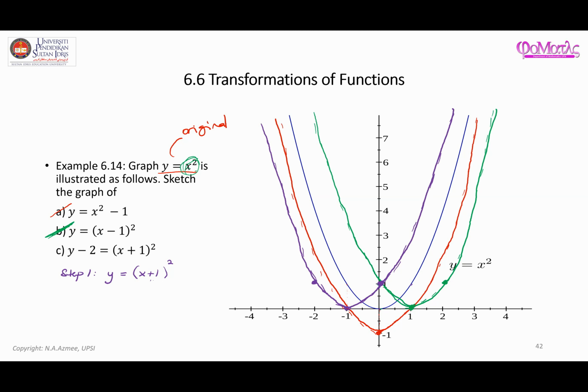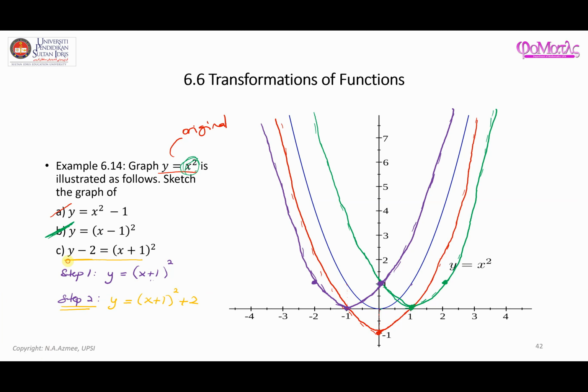But that's not all, because we actually have y minus 2 is equal to (x plus 1) squared. So step 2 will be y is equal to (x plus 1) squared plus 2.